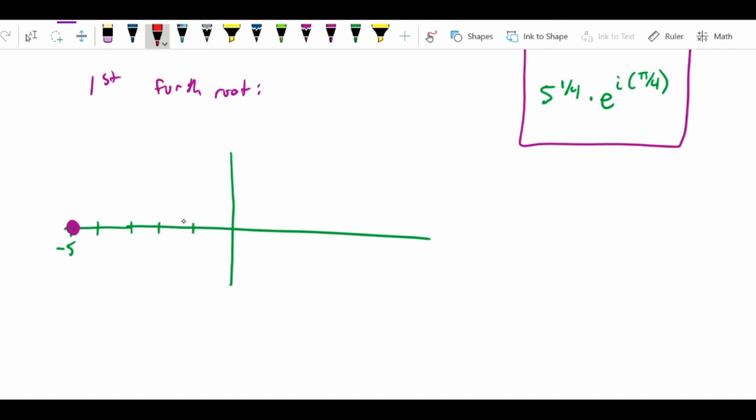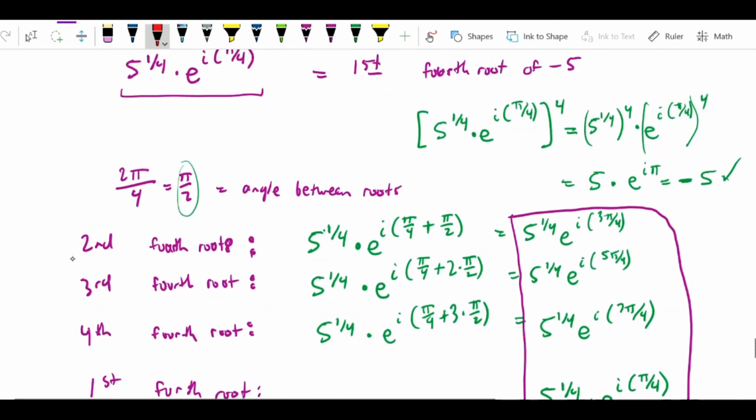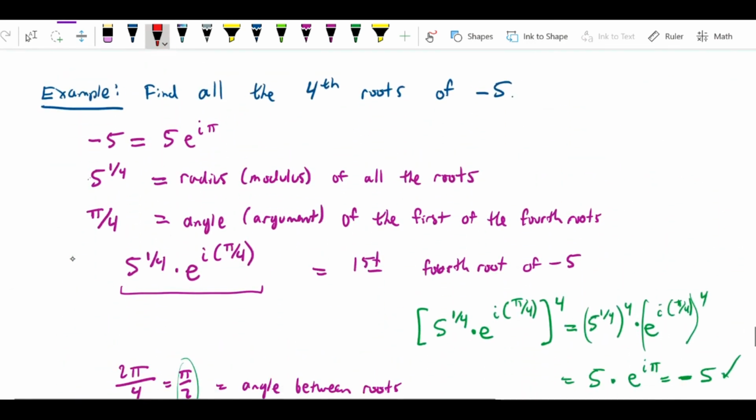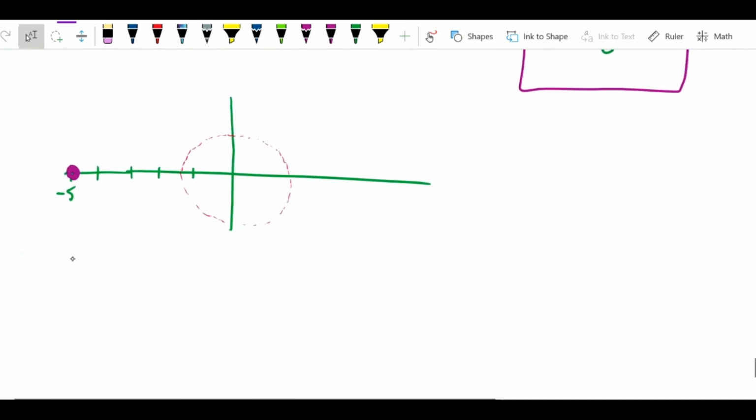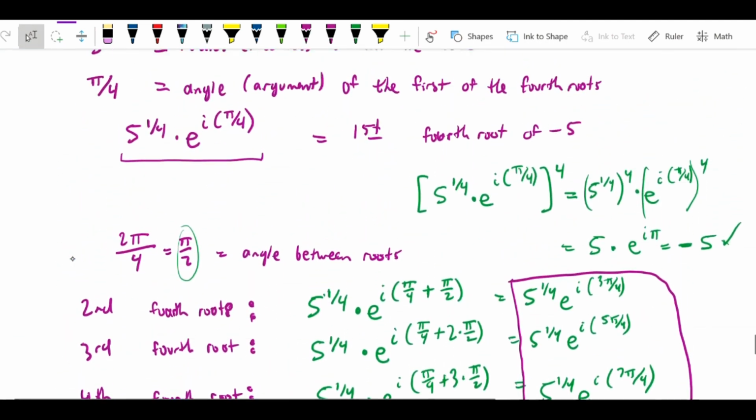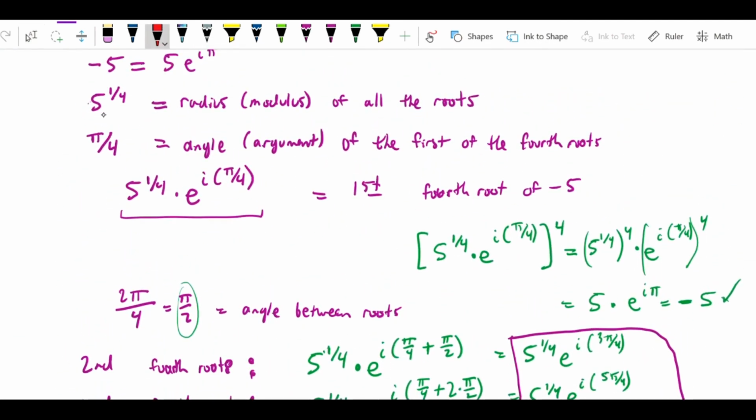So what we can see is that all the roots are going to lie on a circle that's quite a bit inward into the plane from the original number 5. Remember, we started with a radius of 5 for the original number. So we were asking what all the roots of -5 are. So we started with a radius of 5. And the first thing we did was we found this much smaller radius, 5 to the 1/4 power.